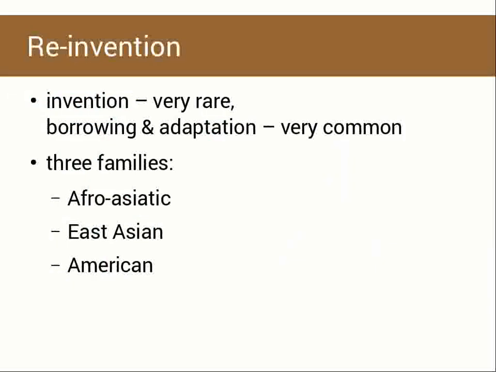So here's a trick with writing. It's very rarely invented. It's very commonly adopted and modified to suit a different language. For what we know, writing was only invented to last three times in human history. Probably more, it just didn't last. We have no evidence that it was ever in widespread use. Therefore, scientists talk about three different families of writing systems: Afroasiatic, East Asian, and American.